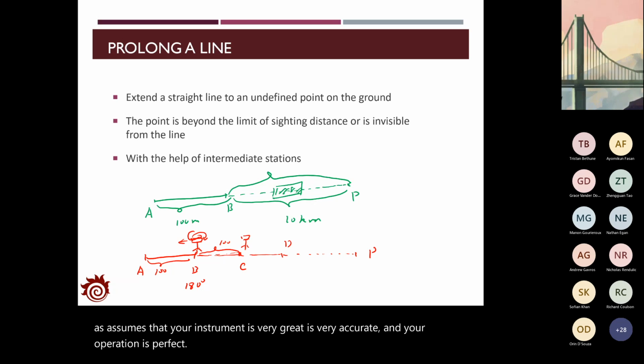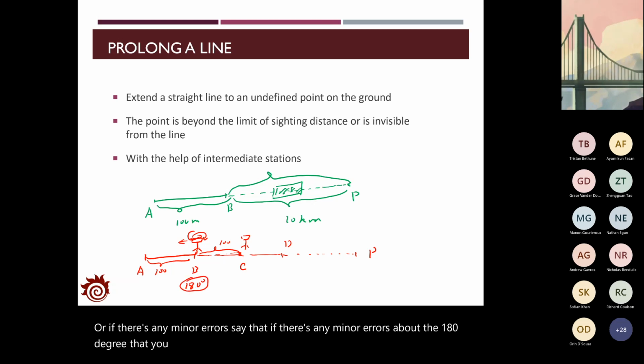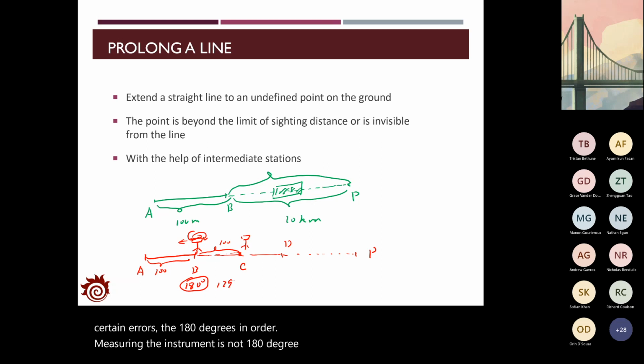If there's any minor errors about the 180 degrees that you are supposed to adjust, but your instrument has certain errors, the 180 degrees measured in the instrument is not 180 degrees. Instead, it's 179 degrees, 59 minutes, 50 seconds.